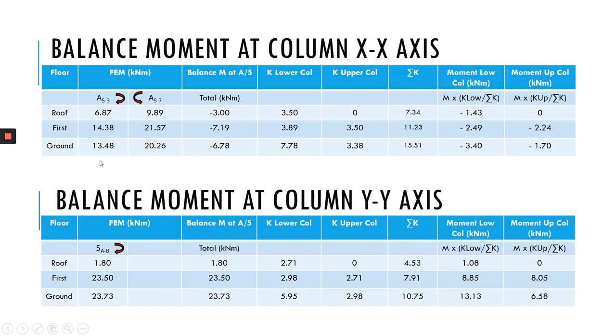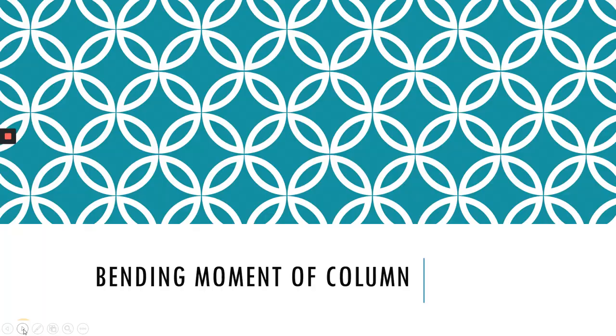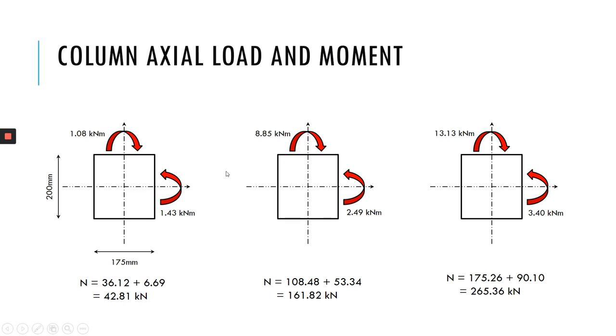So you have to do the same process for both axes, x-axis and also z-z axis, in order for you to get this moment. Okay, so next process, you have to draw the bending moment of the column. So here is the moment of the column. Okay, so here for the roof floor, here for the first floor, here for the ground floor.